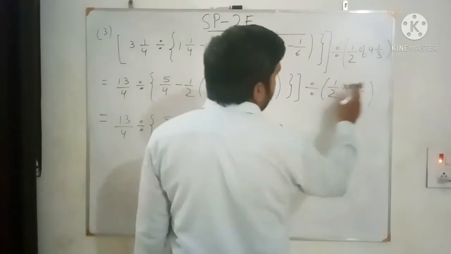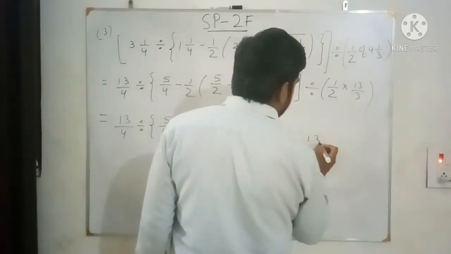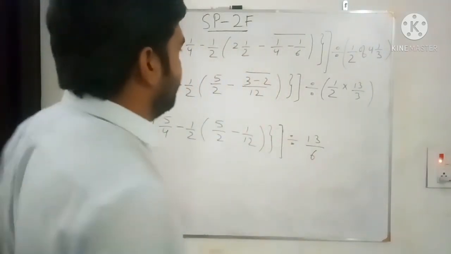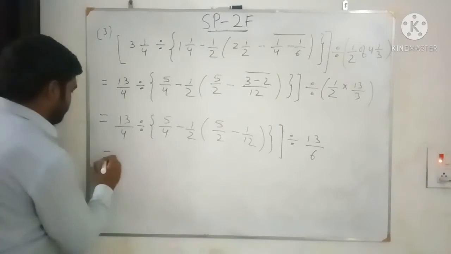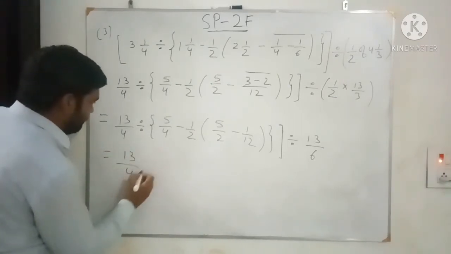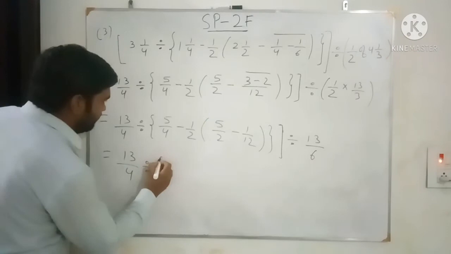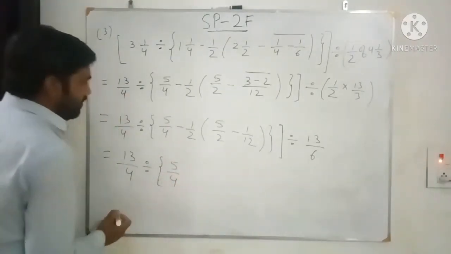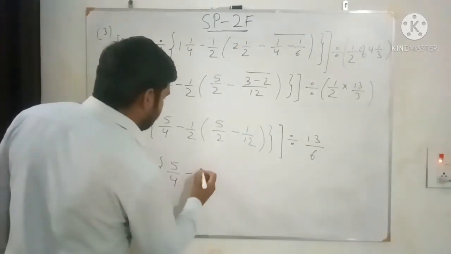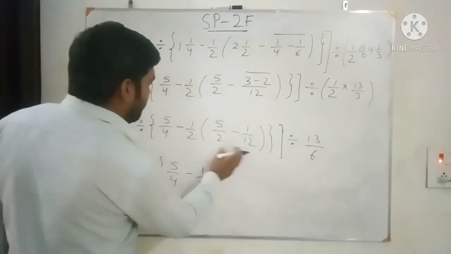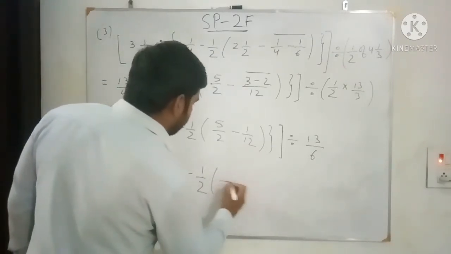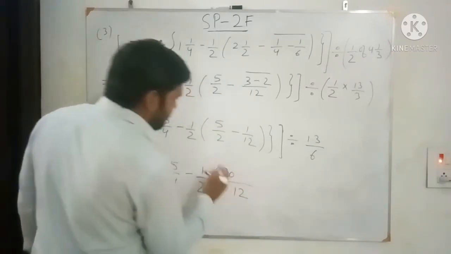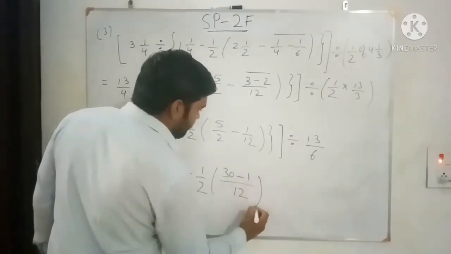Now see here what you are going to get: 13 by 6. 13 by 6. 13 by 4. 5 by 4 minus, here take the LCM 12. 2 6s are 12, 5 6s are 30, minus 1.